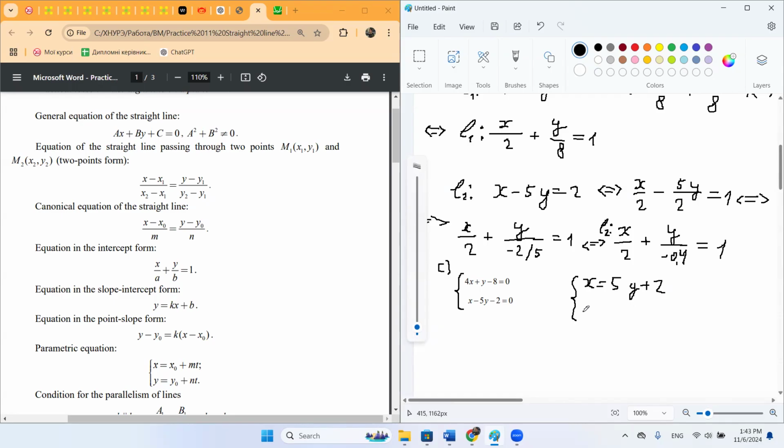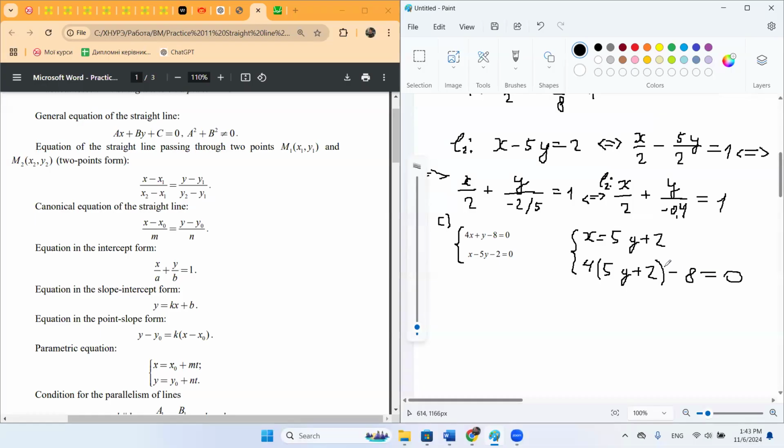And so for this, minus 8 equals 0, plus y, of course.